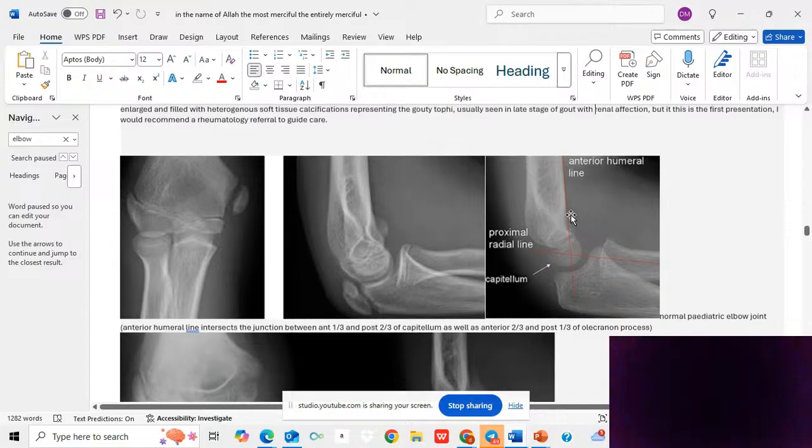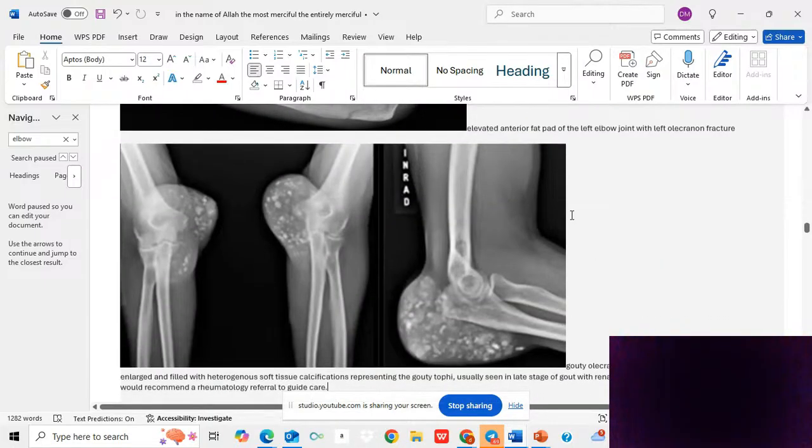Another case here related to the elbow. This is a gouty olecranon bursitis. The olecranon bursa is markedly enlarged and filled with heterogeneous soft tissue calcifications representing the gout.